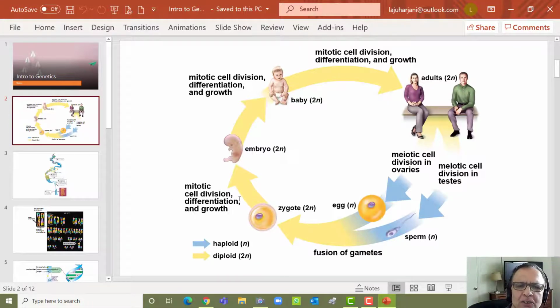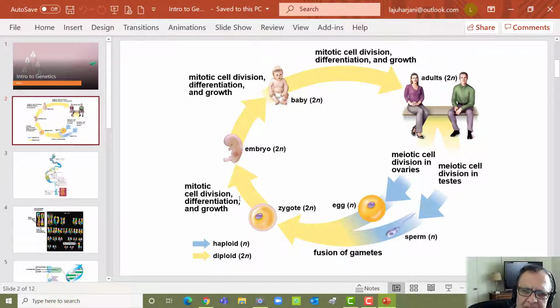Okay, so this is a general understanding of the cycle of life, and as you can see, you start with a baby, you grow into adults, and adults have two sexes, and then they produce sperm and egg, which come together to form a zygote.